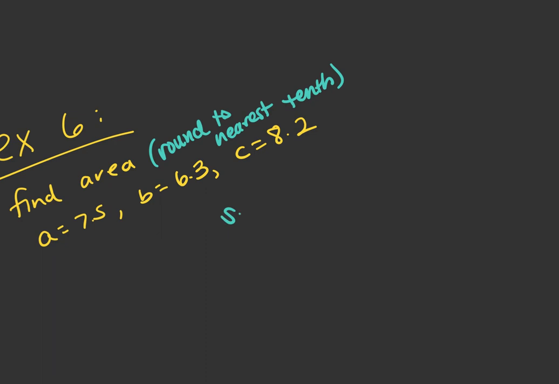So first thing I want to find is S. This would be 7.5 plus 6.3 plus 8.2 divided by 2. Which is 11. If it had a decimal, I would keep it. Remember, you're not rounding it.